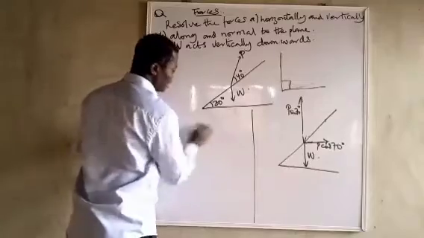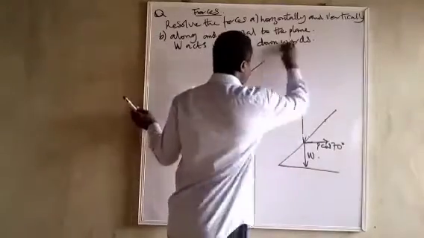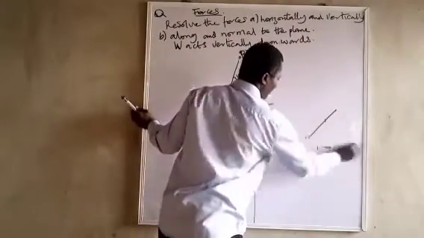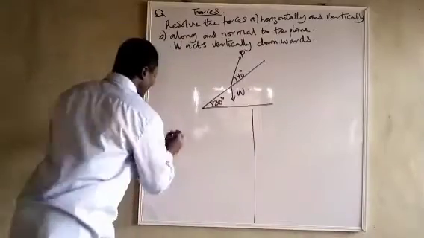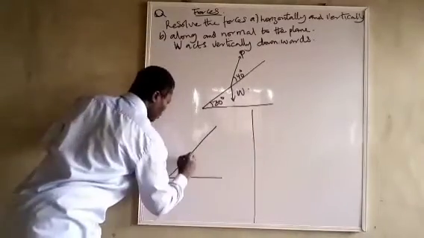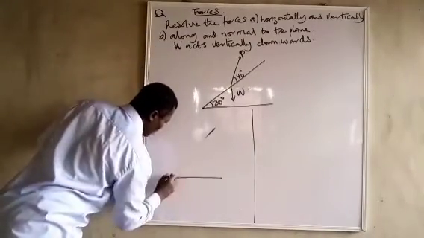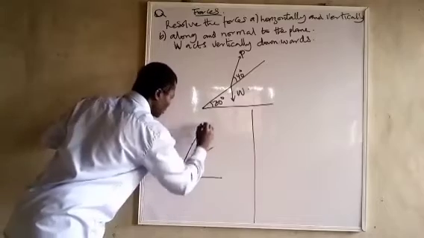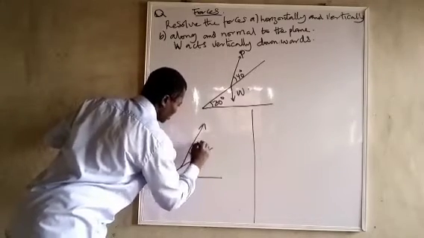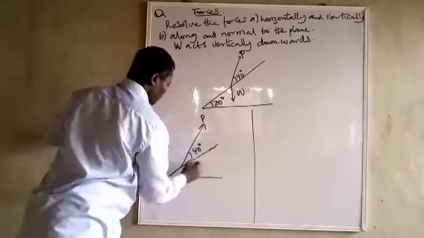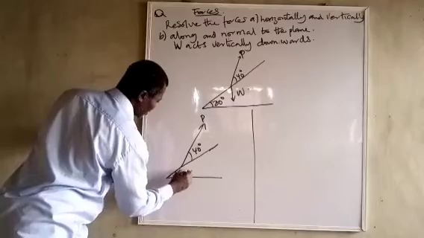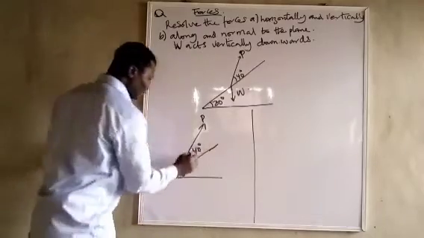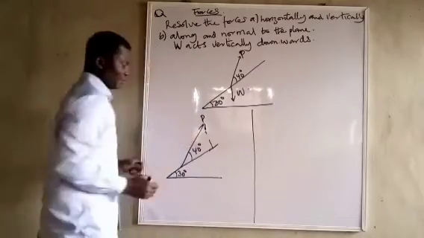Now let's do the B section. The part B section, that one is very interesting. We have this. So we have P like this, 40 degrees. See. This one is 30 degrees. So we want to resolve it along this plane and perpendicular to the plane, like this.